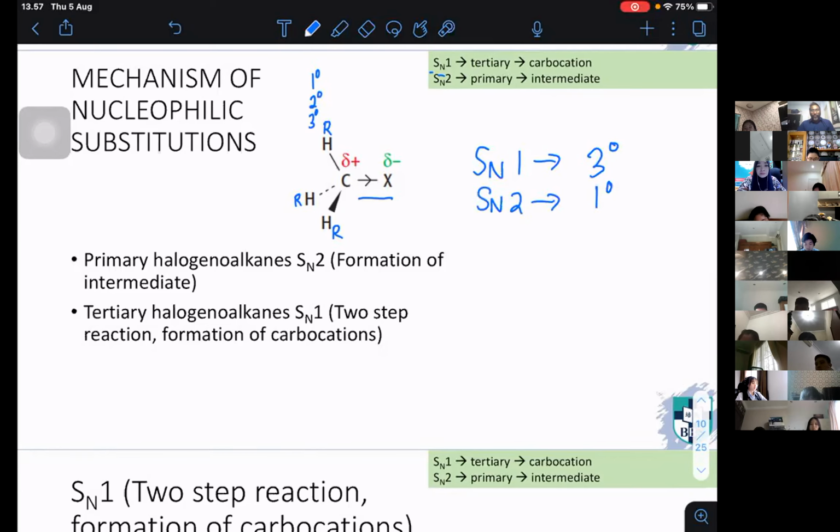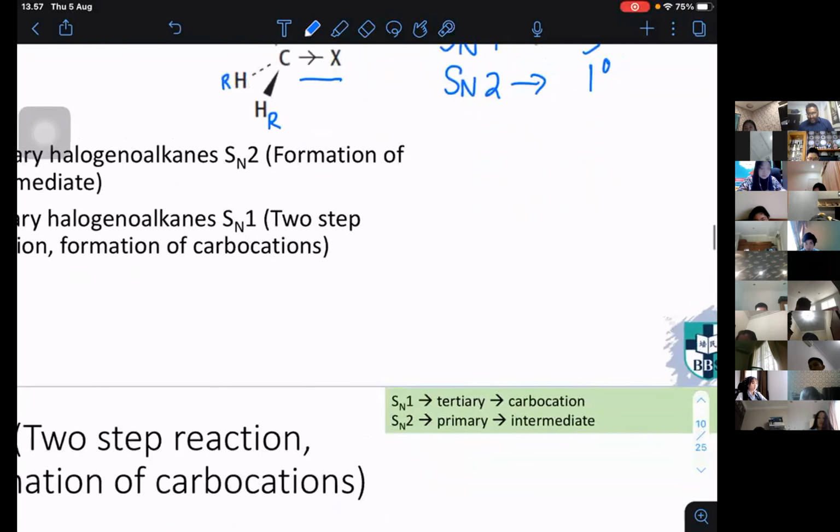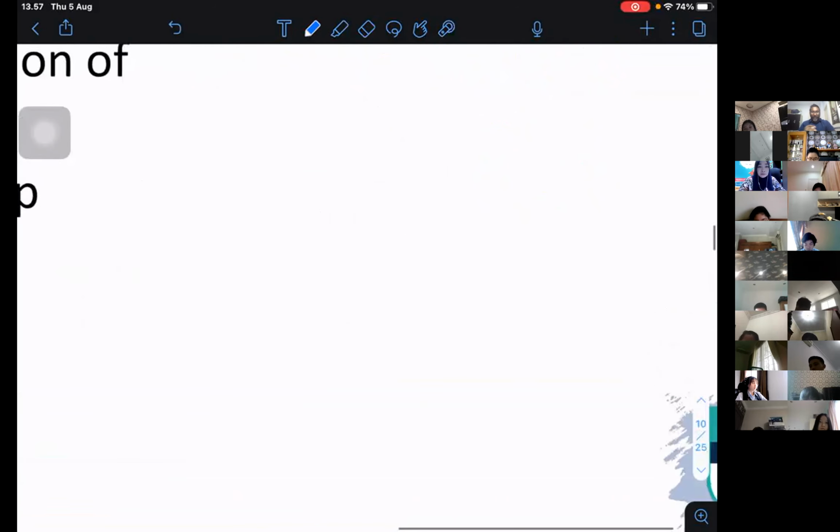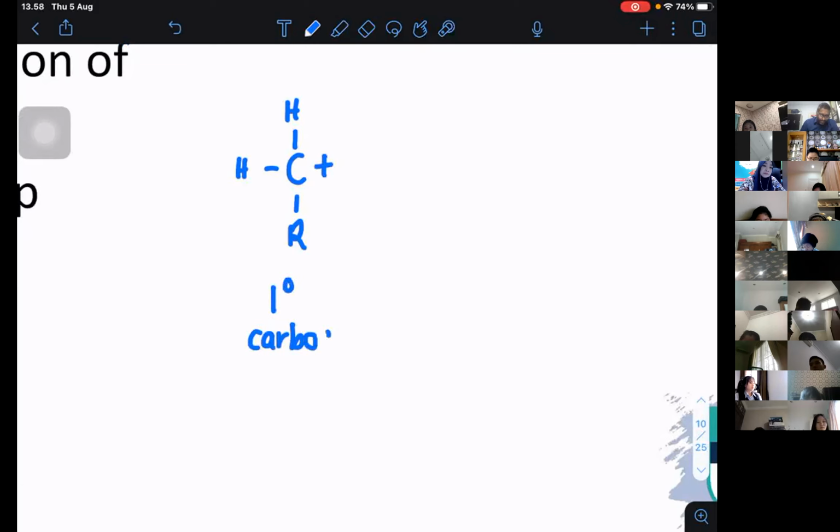Okay. Now, to follow through this, you also need to learn one more thing, which is related to your carbocation. I'll explain about carbocation a little bit. Now, if you have one carbon, and I have one hydrogen and one R group, this is called a primary carbocation.